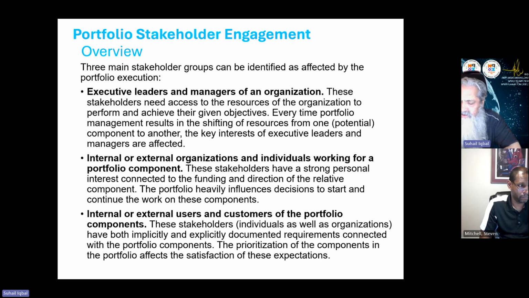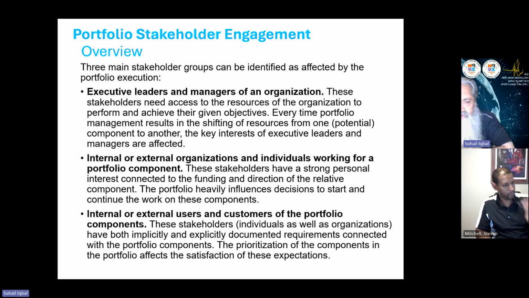If there is a person who is a stakeholder to a program or a project, not all of them, but some of them may be directly interested in how this project or program is ultimately adding up to the organizational strategy. So these stakeholders have a strong personal interest connected to the funding and direction of the relative component.